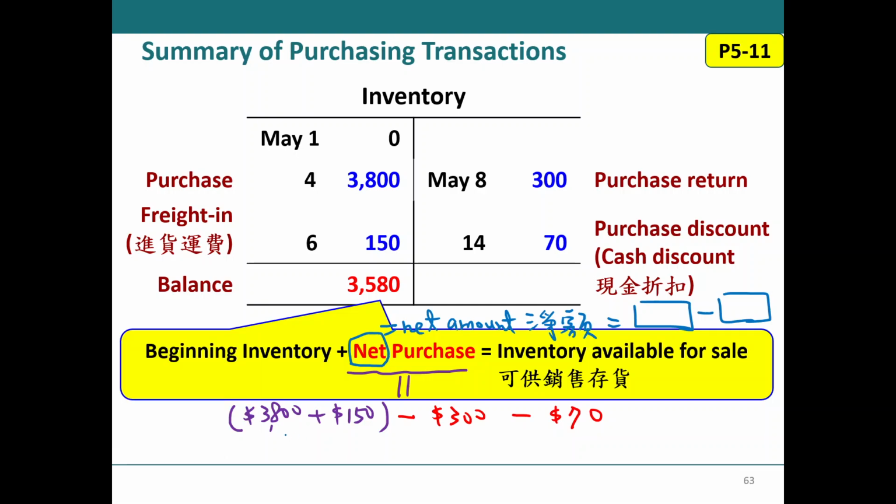It's your purchase cost of inventory, minus your returned inventory, minus the cash discount you got. So that's the purchase we have this period, okay?